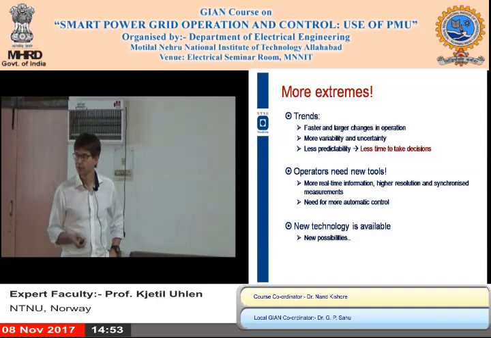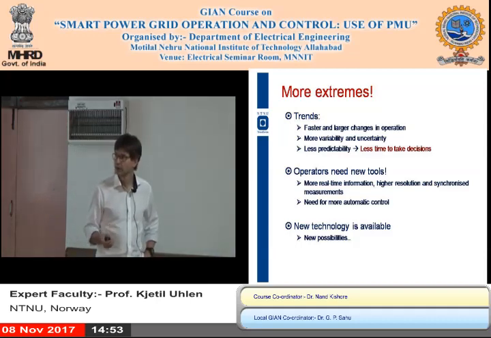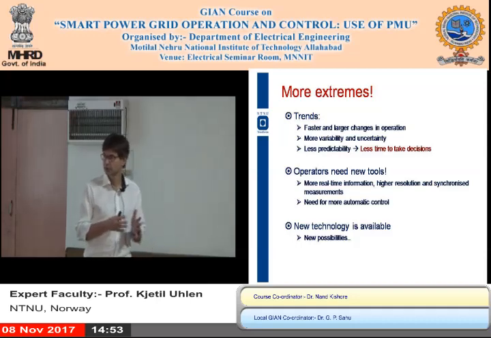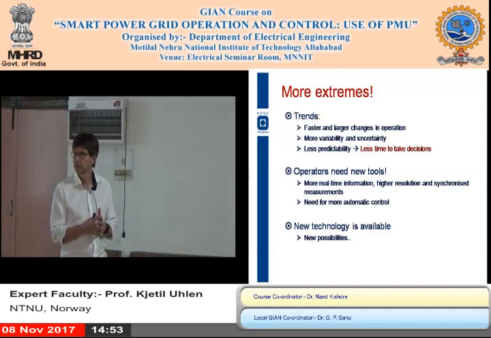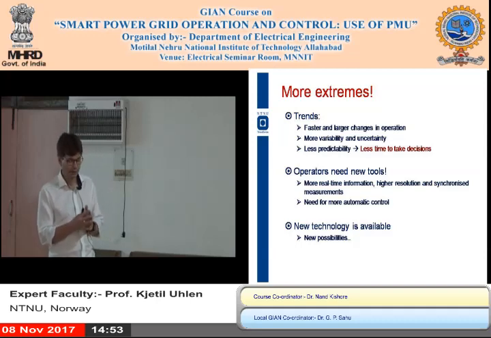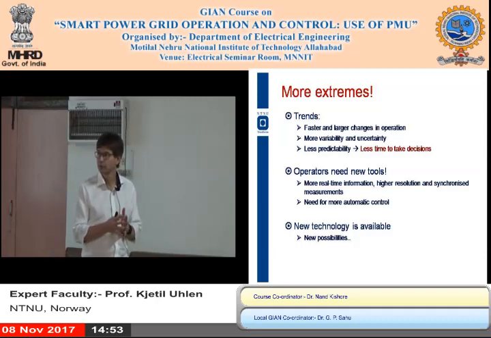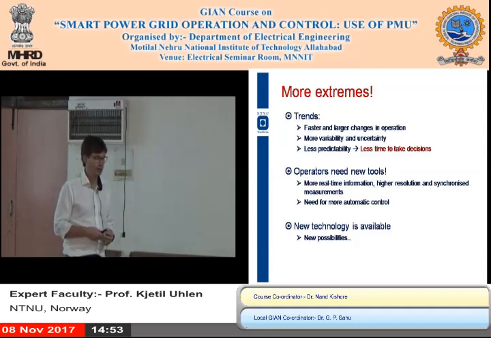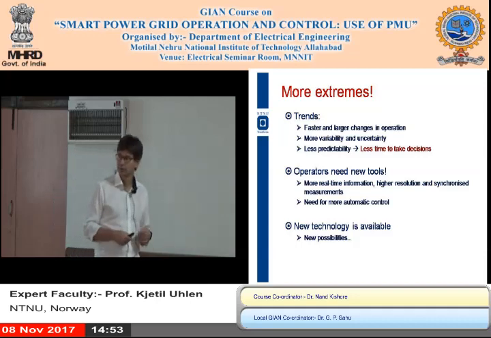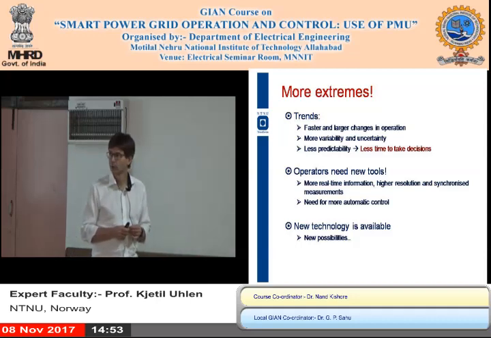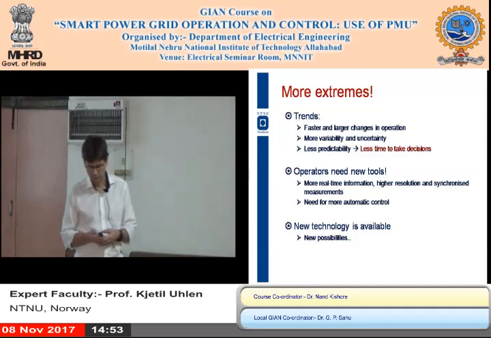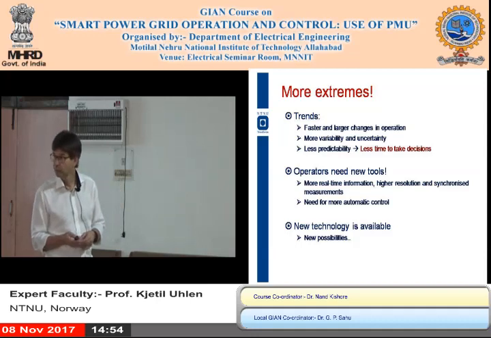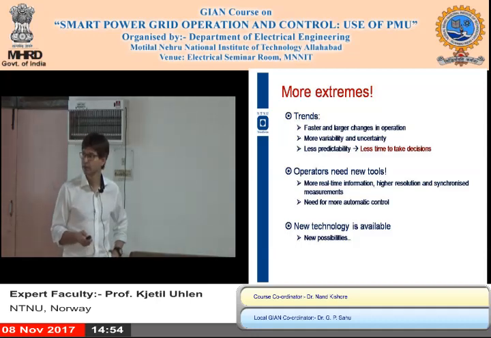We need higher resolution of our measurements, and synchronized measurements is one of these things. And we also see clearly more need for automatic control, because at a certain point things cannot be managed by the operators manually. You need automation. So in that sense, the new technology put forward by phasor measurement units, for example, is interesting.